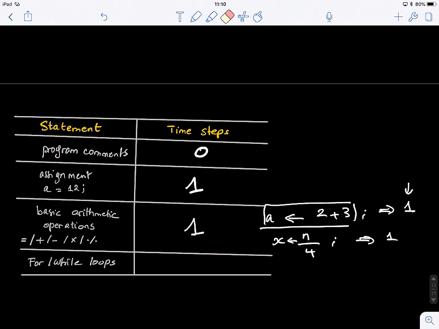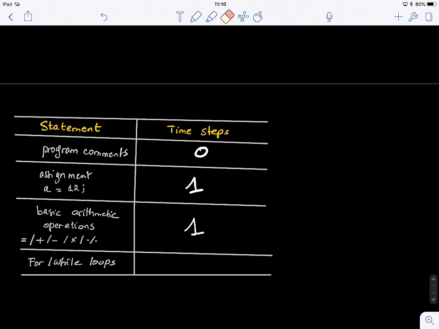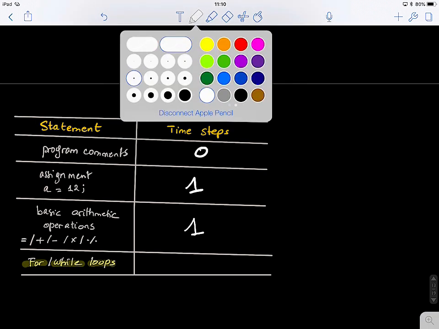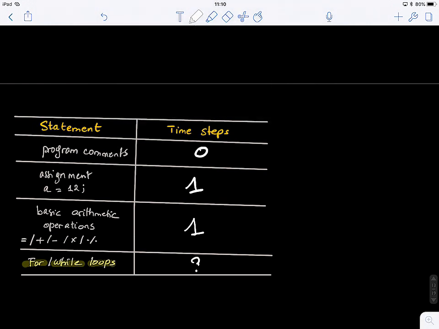These are basic steps that an algorithm can include, and these are the simplest ones. Now there are the more complex ones that we will learn about during this lecture, and especially in the next lecture, which are the for and the while loops, okay? For the for and the while loops, there are some rules on how to determine the number of steps for each of those, depending on the limits, like how many times you're looping over your variables.